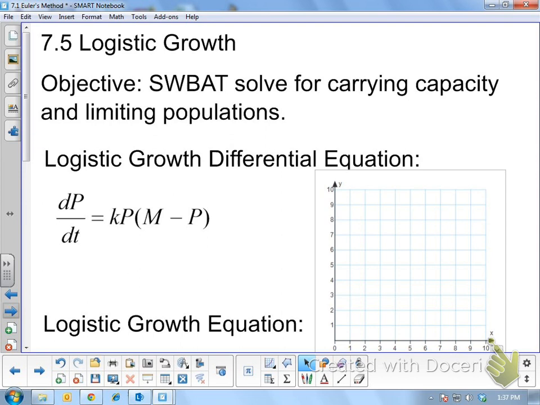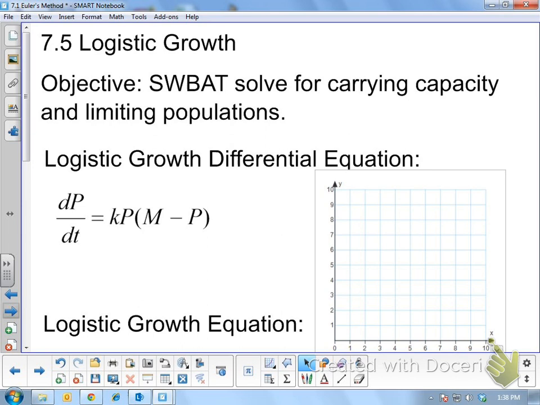Because the p's are representing our y values, we'd have to divide them over and they'd be on the bottom. We'd have to use partial fractions to solve this particular differential equation, which is one of the reasons we did learn partial fractions. But on the AP test, they won't actually make you solve this differential equation. Because again, it is kind of a pain.